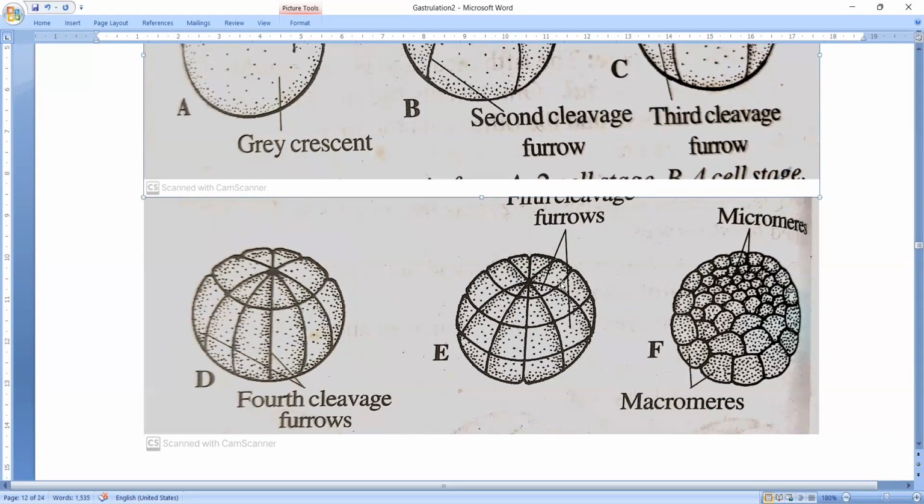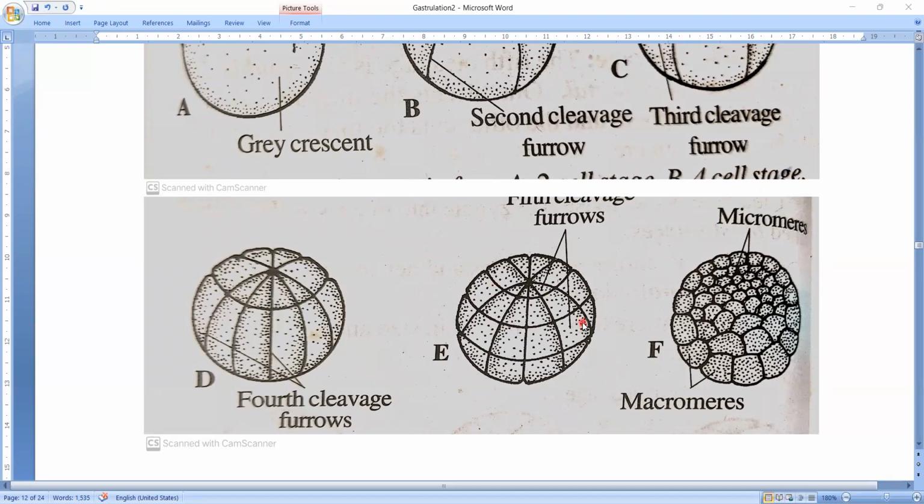So it is this one, and this one. So the fifth cleavage furrow or cleavage is double.